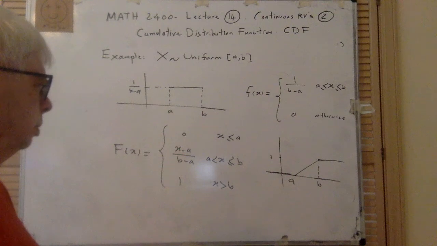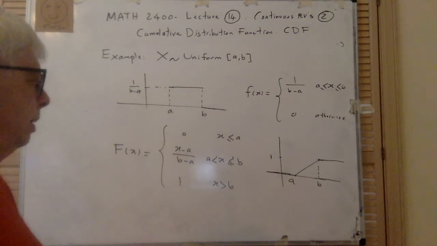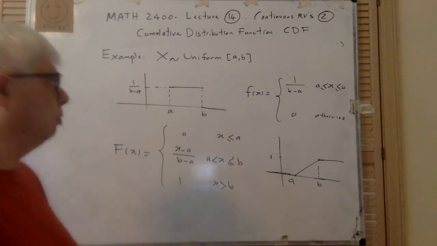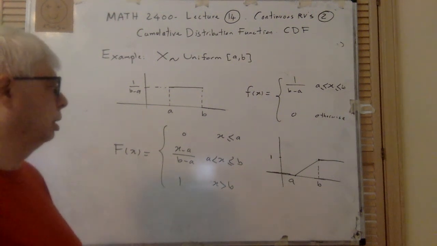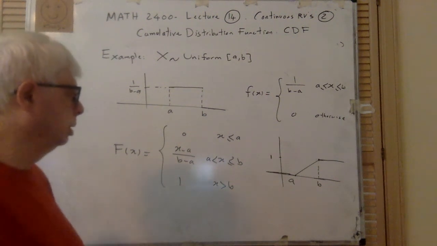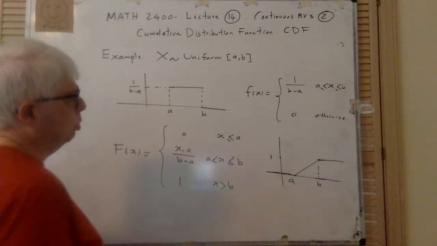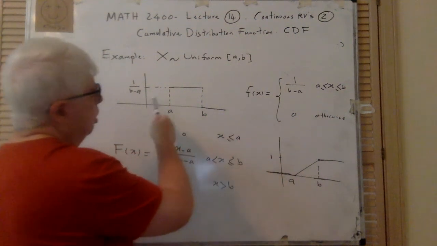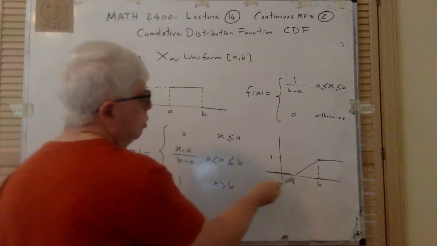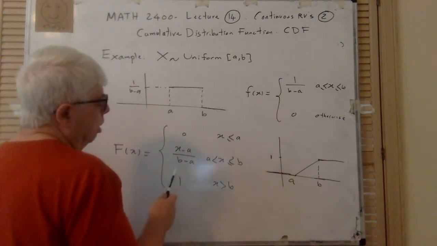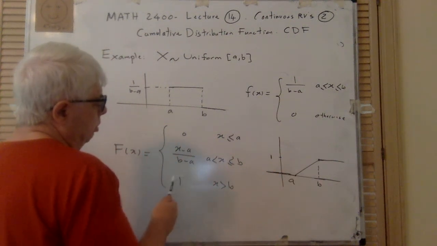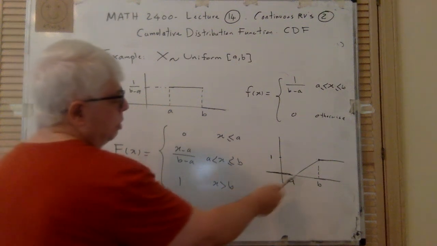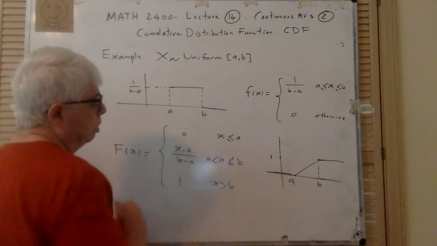So by looking at this, we can come up with some general ideas about certain things. First of all, if we have something nice, say piecewise continuous, we will get something continuous here. Well, it's not differentiable at these two points where there were discontinuities.